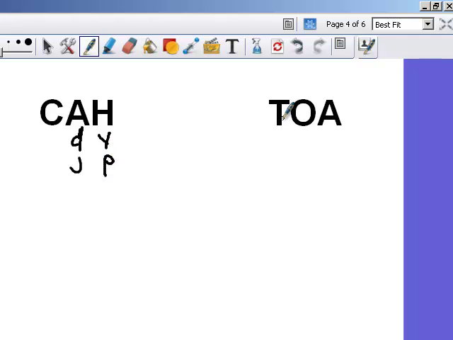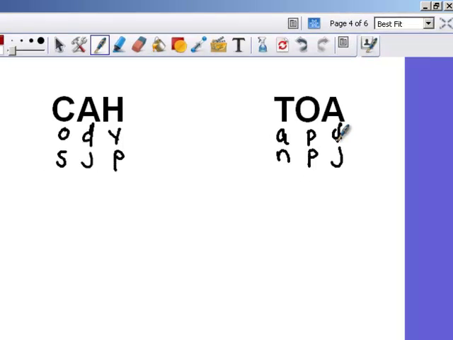Tangent stands for T. I forgot to put cosine here. Tangent, which is opposite over adjacent. And if you can remember that the other 3 are the opposites of sine, cosine, and tangent, you'll have no problem with just flipping them over.